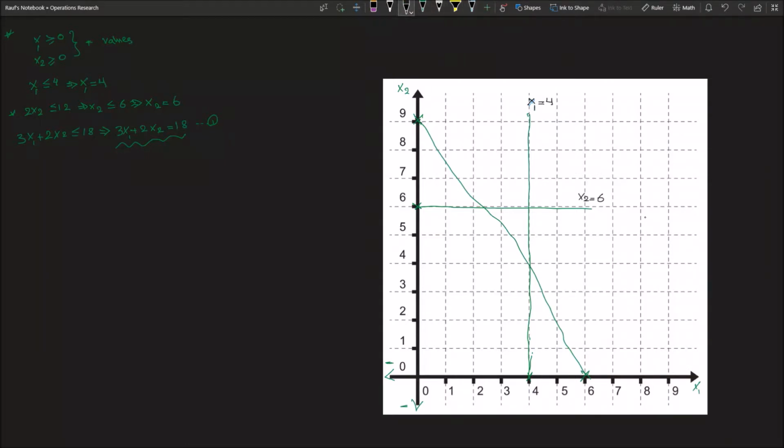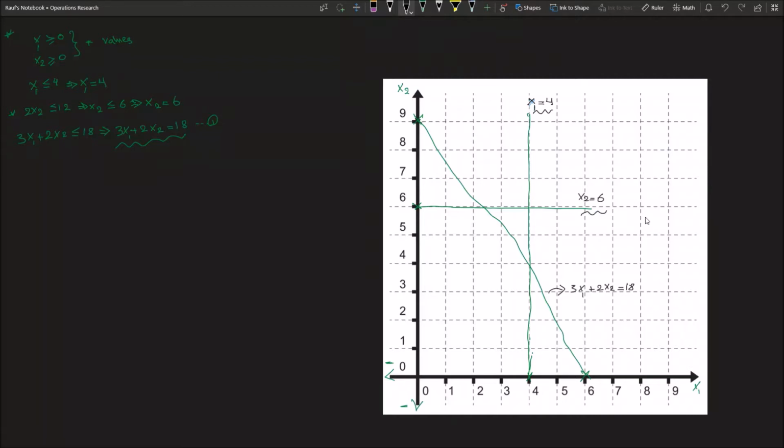So you can see that you will have a region encapsulated between those lines. So between the x1 equals 4 line and the x2 equals 6 line, and this is the line for the equation 3x1 plus 2x2 equals 18.